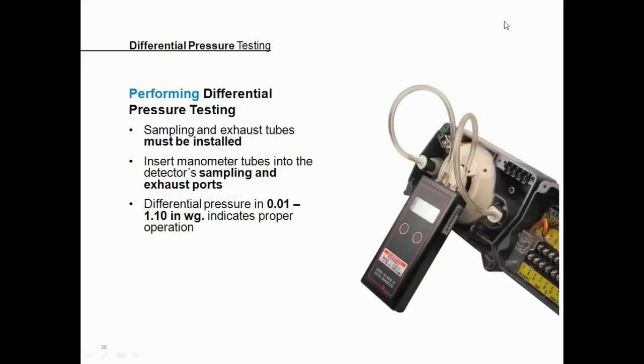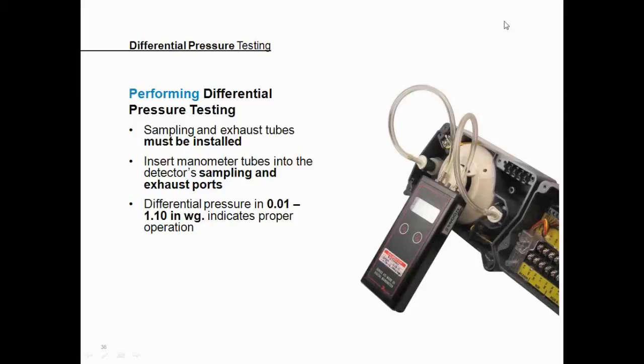In performing the actual differential pressure test, the steps are pretty straightforward. First, you need to ensure that both your sampling and exhaust tubes have been installed in the detector housing. Then you will want to plug the stoppers with the manometer tubes into the exhaust and the sampling tube ports.